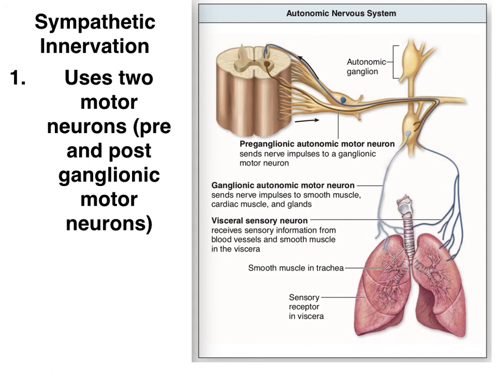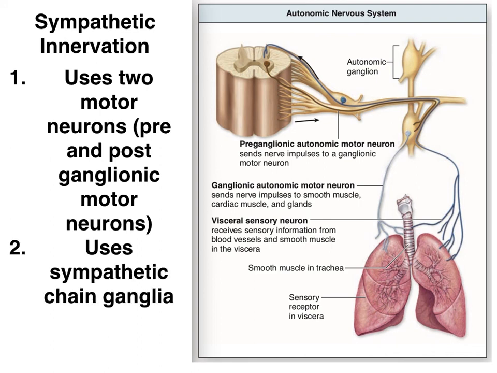So there are 2 neurons, a preganglionic autonomic motor neuron whose cell body is in the lateral gray horn. The preganglionic neuron then reaches a second neuron, which is located in the sympathetic chain ganglia. And that second neuron is the postganglionic neuron, which lives in the sympathetic chain ganglia, and then sends an axon to the effector tissue.